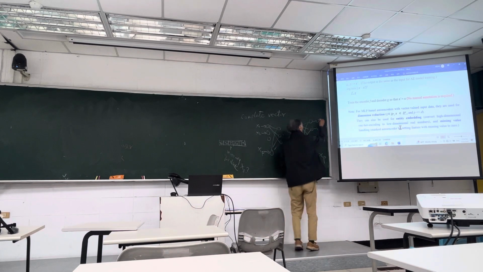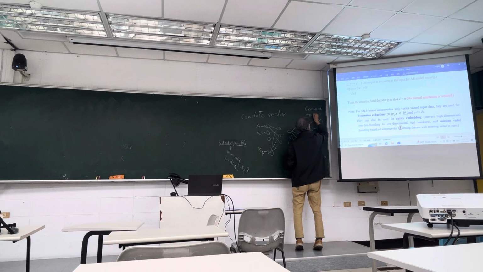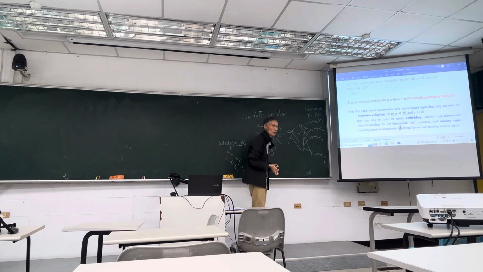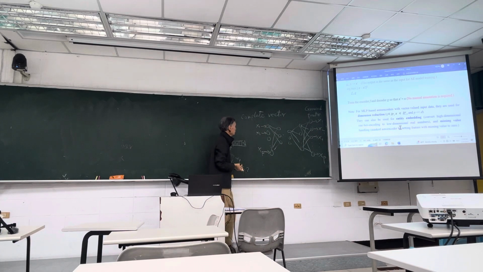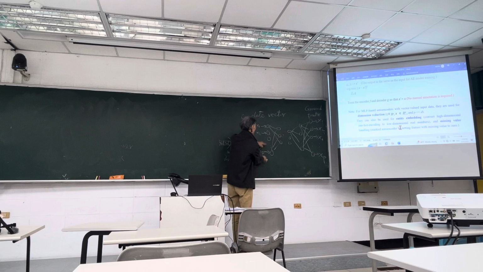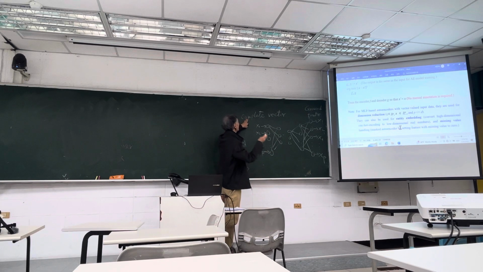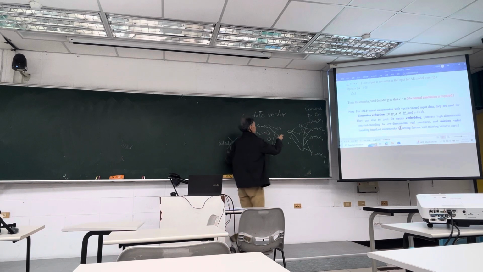Which means we have the ground truth, the true value. Don't use the incomplete example to train your model, but train on all the samples that have complete vectors.